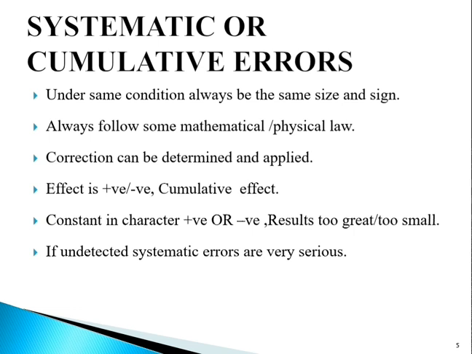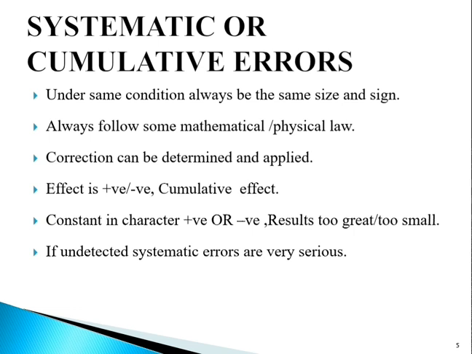Systematic errors either make the result too great or too small, and accordingly these are regarded as positive or negative. As their effect is cumulative, these errors are also known as cumulative errors.